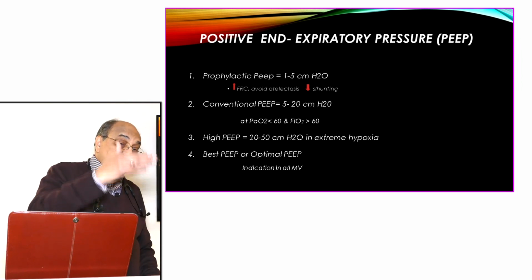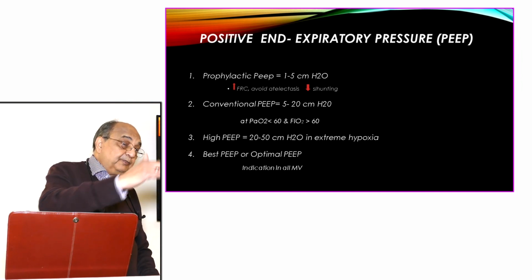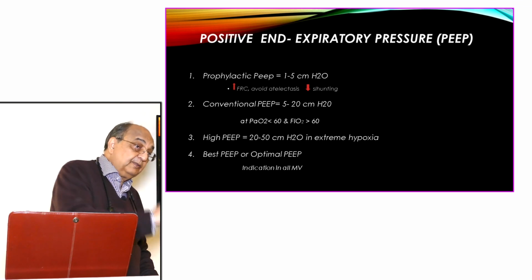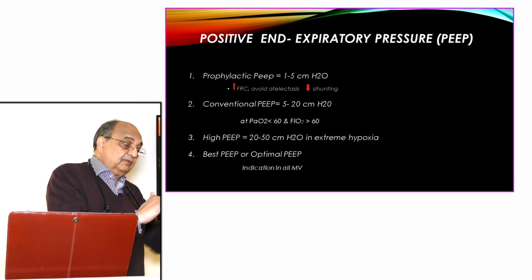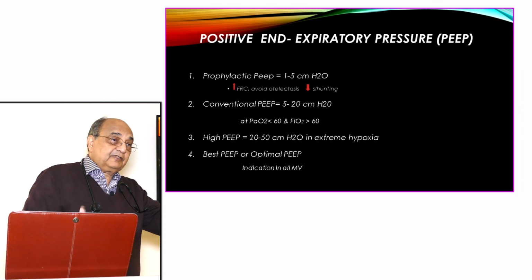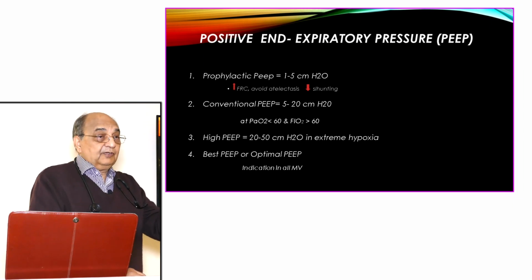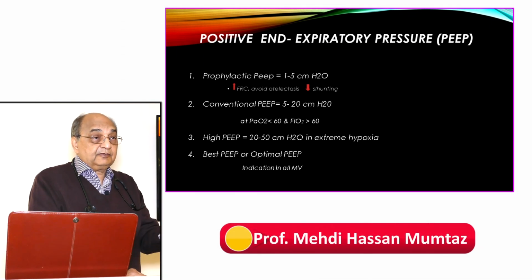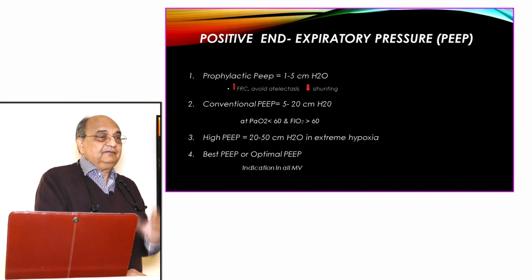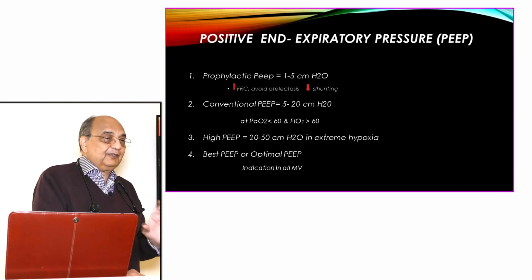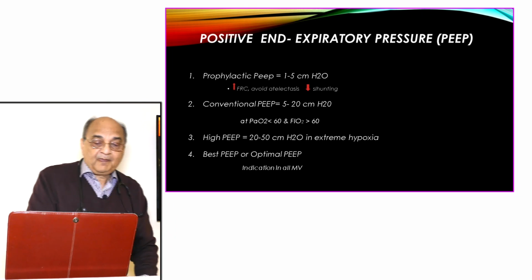If the pressure in the lymphatic is greater than the central venous pressure, then they will be able to drain. If there is more pressure on the venous side, then lymphatics will not be able to drain. So if they are not able to drain, the water will still remain in the lung. So you reduce the PEEP. So you have to find out the optimum PEEP at which everything becomes clear.